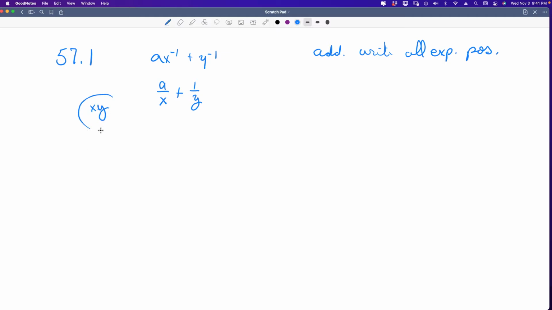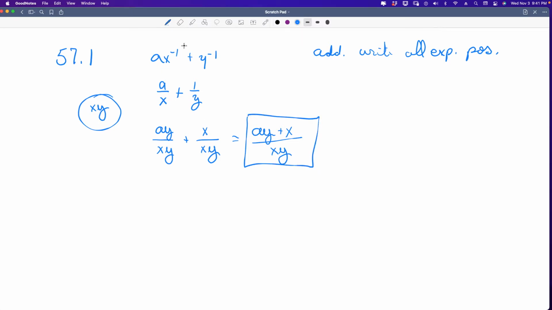So we multiply this by the y and we get ay over xy, plus we multiply this by the x and we get x over xy. Now we can say ay plus x over xy. And that is our answer.